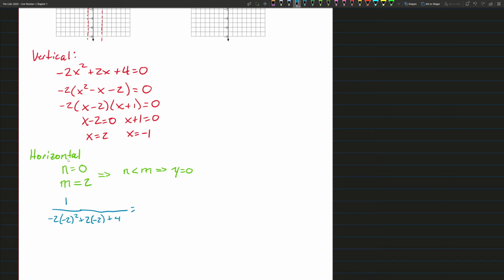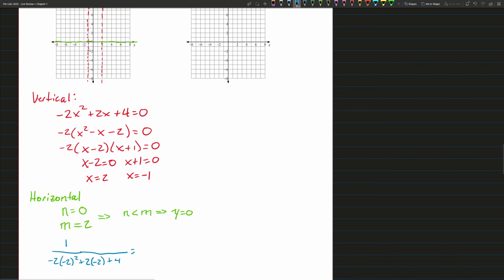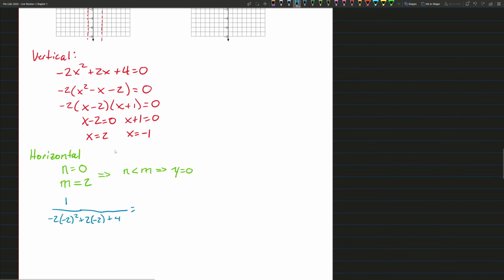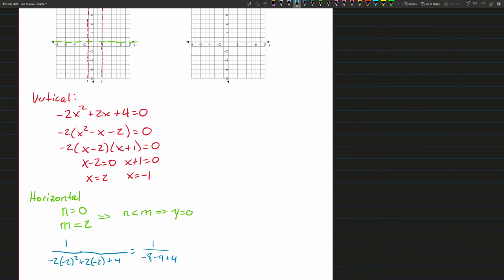And all we're worried about is whether or not we're below or above that y equals 0. Okay, so this is going to be 1 over negative 8 minus 4 plus 4, so that's a negative number, and that is below 0. Okay, so our graph is going to look kind of like that.